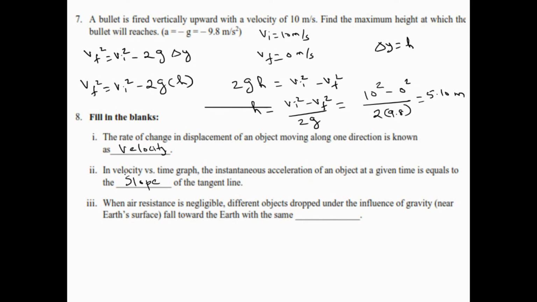Am I right? In the third question, when air resistance is negligible, different objects dropped under the influence of gravity near Earth's surface fall towards the Earth with the same acceleration. So it has the same acceleration value.